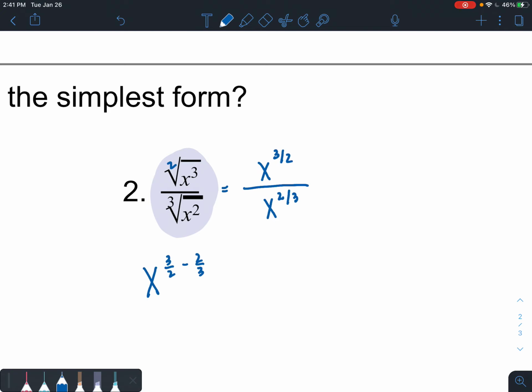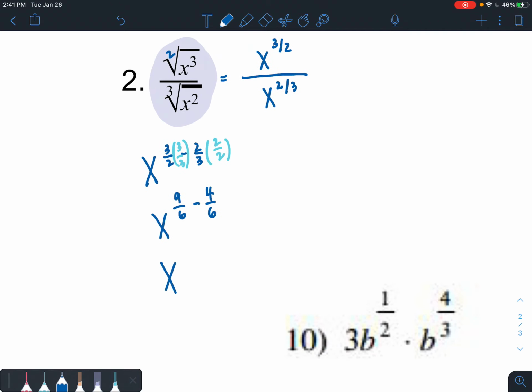For 3/2 minus 2/3, I have to get a common denominator, so multiply this one by 2/2 and this one by 3/3. So we get x to the 9/6 minus 4/6, which is then x to the 5/6.